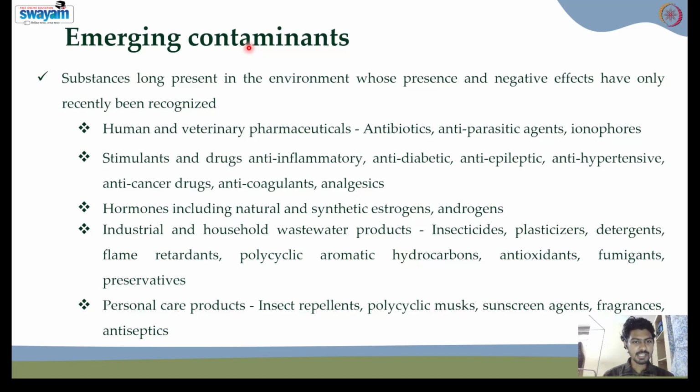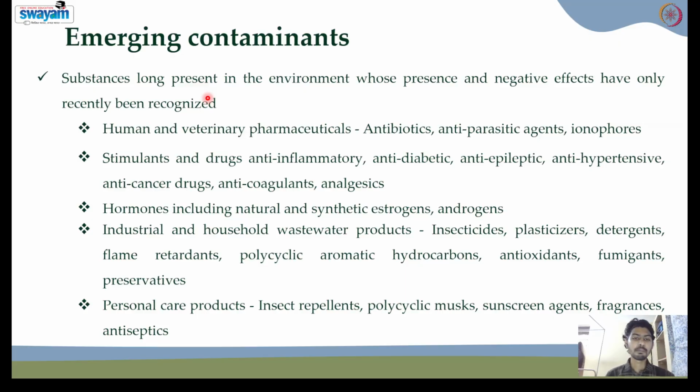That is, this substance has been unnoticed for a long time. Now it has become a concern because their presence is very minute in the environment, but their effect is now alarming and causes pollution to the environment drastically.